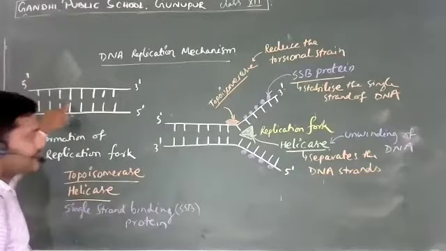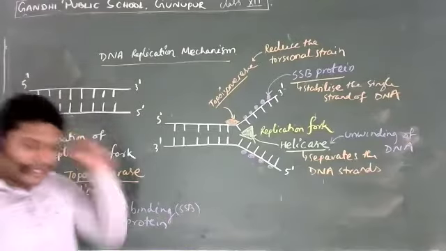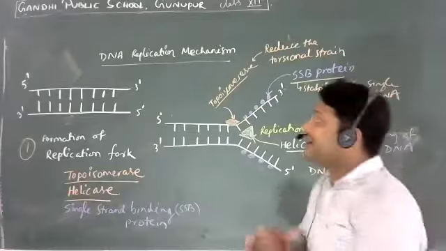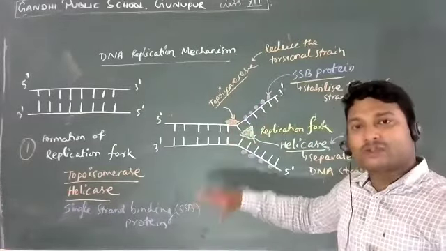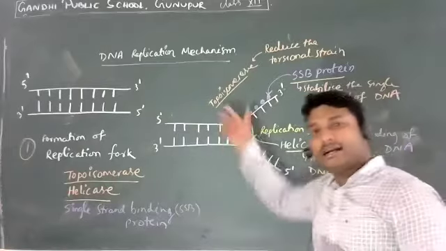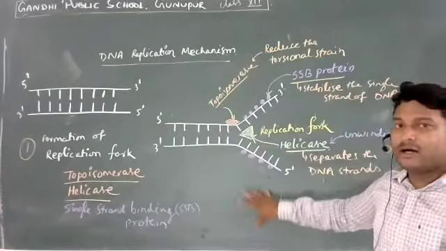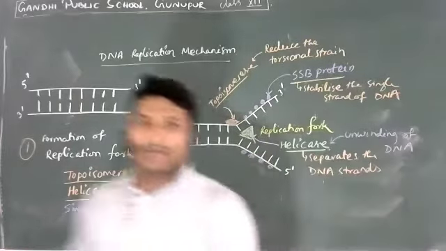Let's move on and understand the next step. First, we have the double-stranded DNA, and then there is the formation of a replication fork, and by forming the replication fork, we have given the DNA replication machinery access to come and bind and start its work. And this is possible with the help of three different components: topoisomerase, helicase, and single strand binding protein.